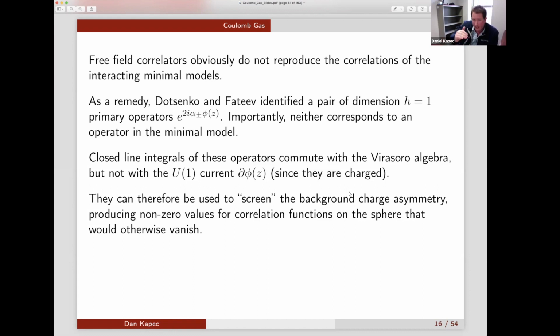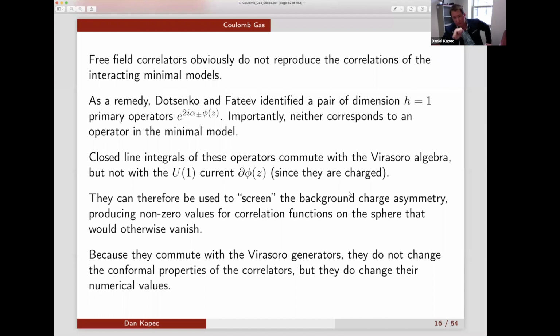And as I said, the line integrals of these operators will commute with the Virasoro algebra, but since they carry U1 charge, they don't commute with the current, so you can use them to satisfy the selection rule. Okay, so you try to screen the background charge asymmetry and produce non-zero values for correlation functions that would otherwise vanish.